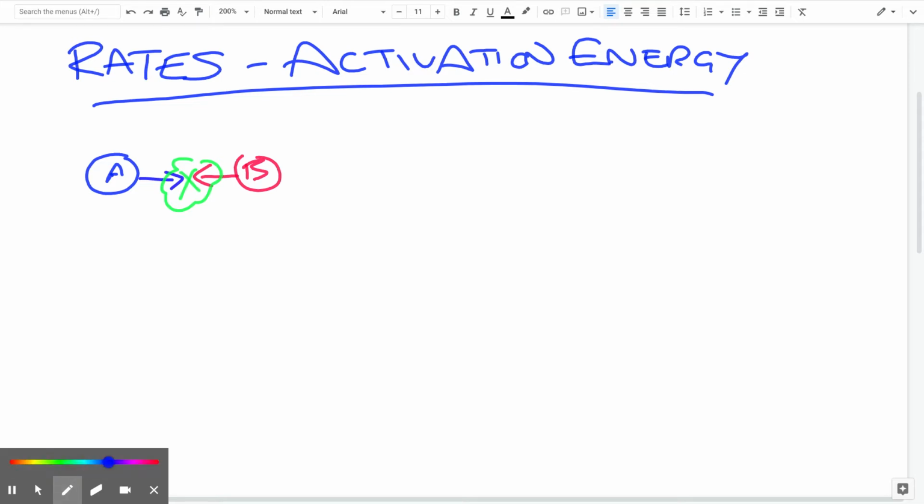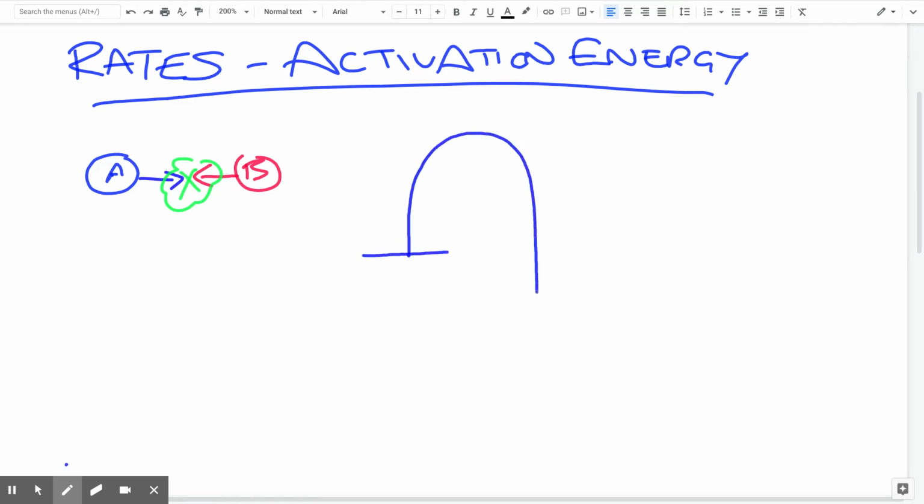Not all collisions result in a successful reaction. That's because this collision must have a certain force. The collision must occur with a certain amount of energy, with a certain amount of vigor in order for the reaction to proceed. And this is something called the activation energy.